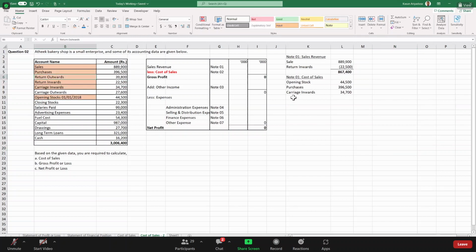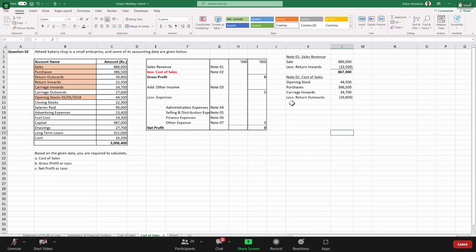Return inwards is sales return. Return outwards is purchase return. We have to deduct return outwards.